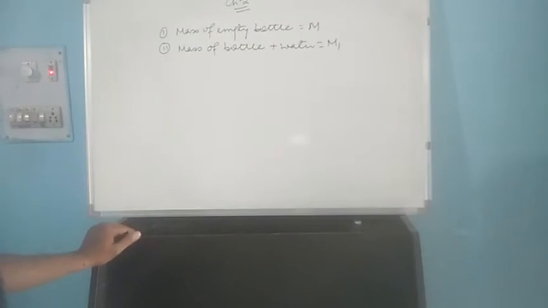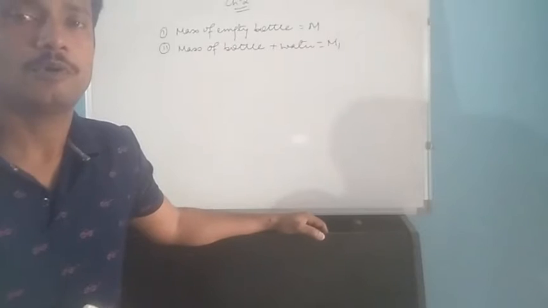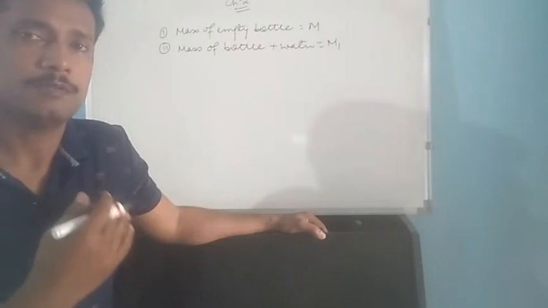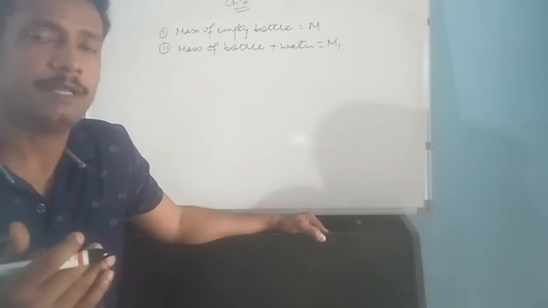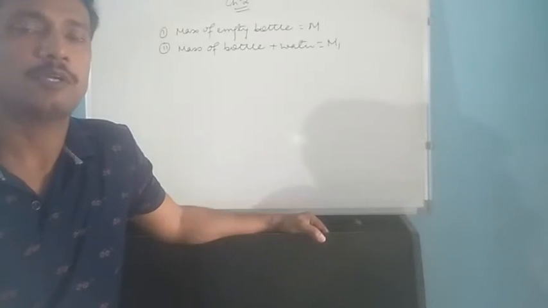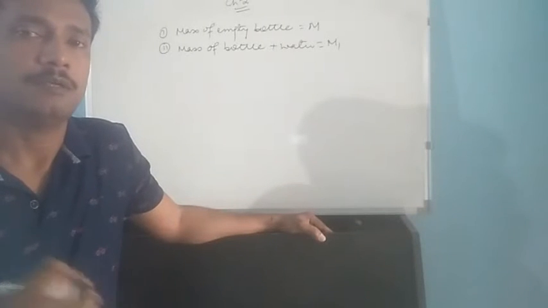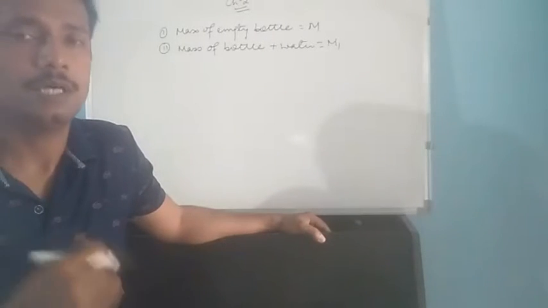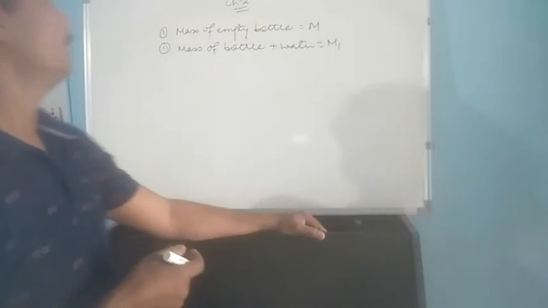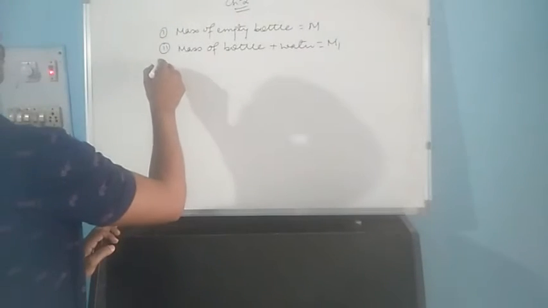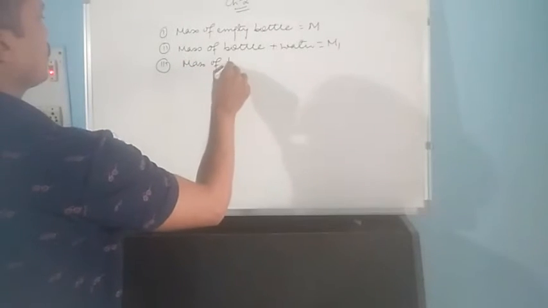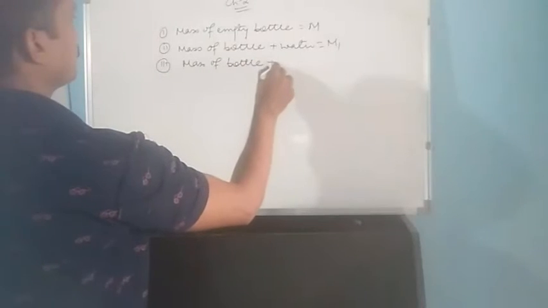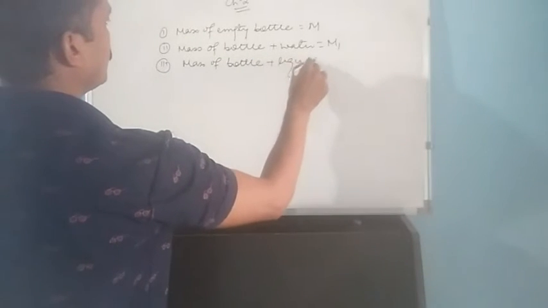Now after getting the mass of bottle with water, we will pour the water out, wipe and dry the bottle nicely, and then fill this bottle with a liquid and measure the mass of bottle plus liquid, which is equal to m2.